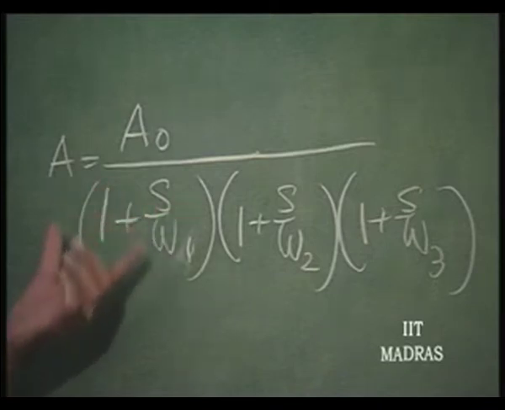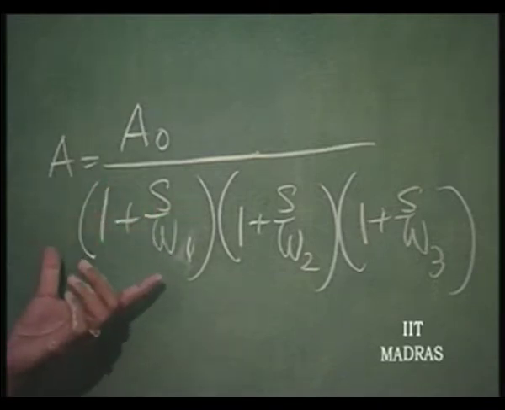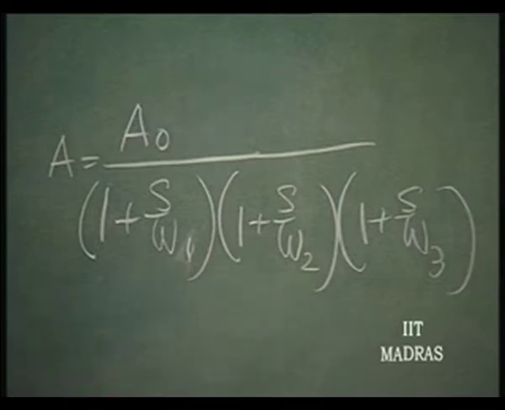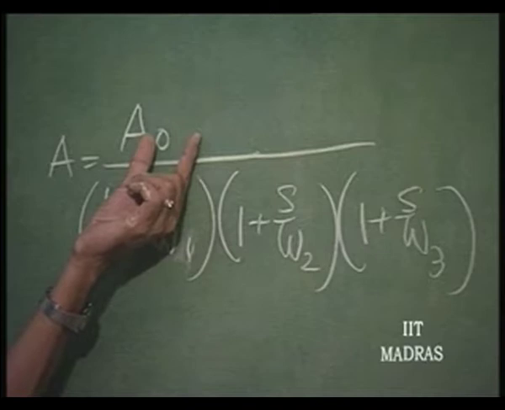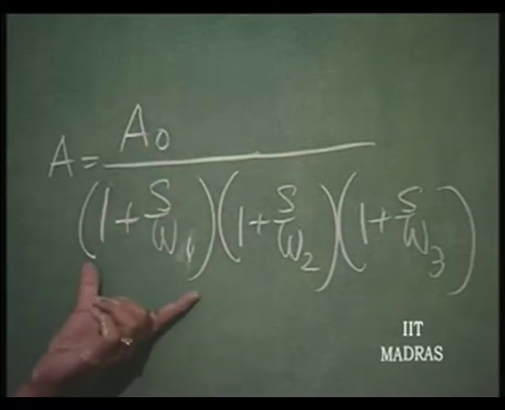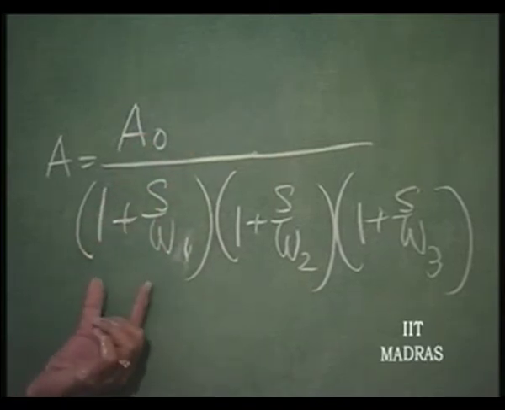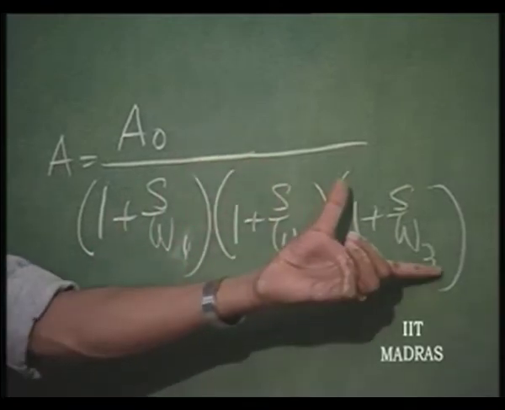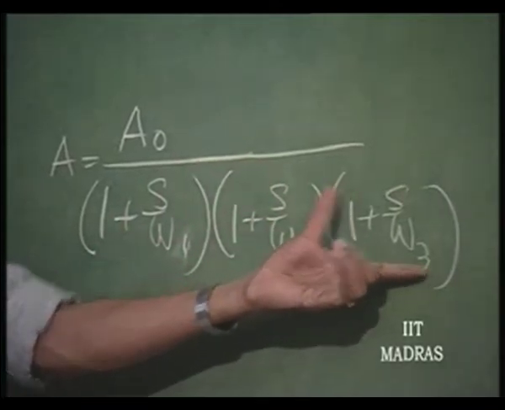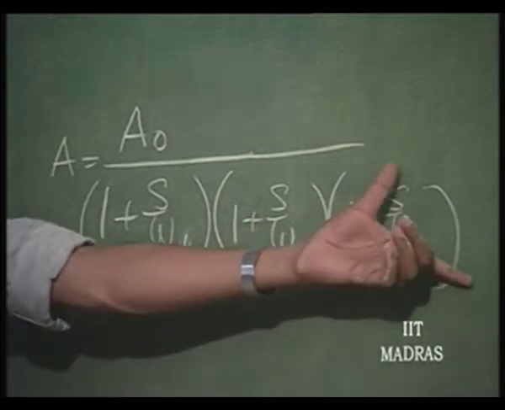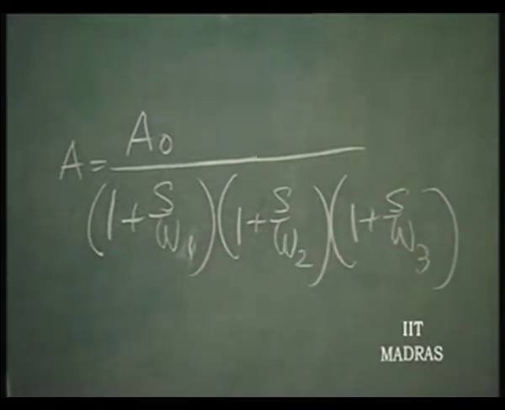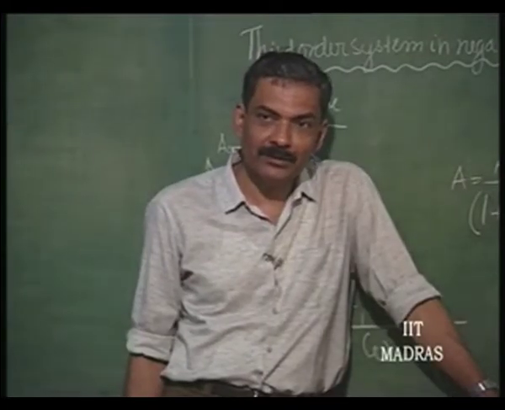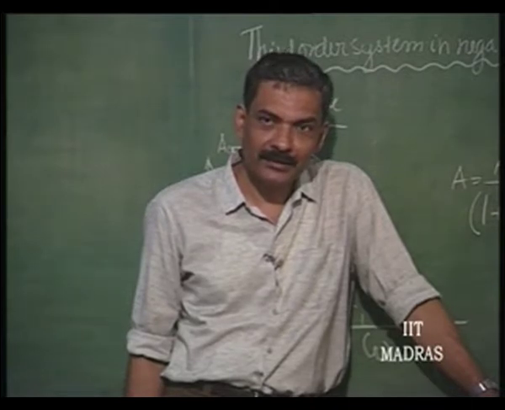But here in the third order system, A is equal to A naught, which is pretty high. The phase shift can now go from 0 to 270 degrees, 90, 90, 90, at infinite frequency. That means there is obviously some frequency in between at which the phase shift can become equal to 180 degrees.